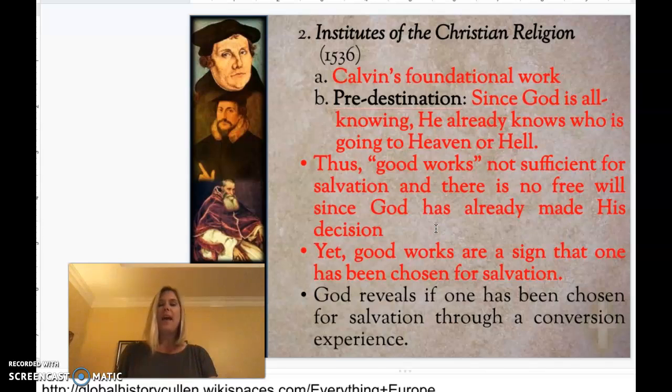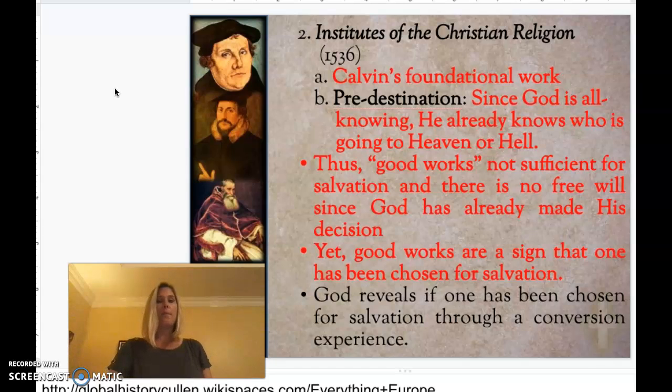So more about that in the next couple of slides, because there is a group that we're going to talk about called the elect. And this is going to make more sense to you when we go over that particular term. So when you study John Calvin and the Institutes of the Christian Religion, make sure you know that at the heart of Calvin's beliefs is predestination.